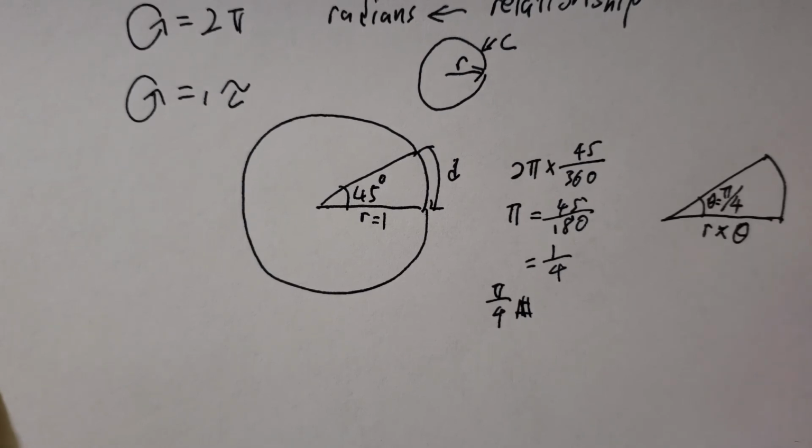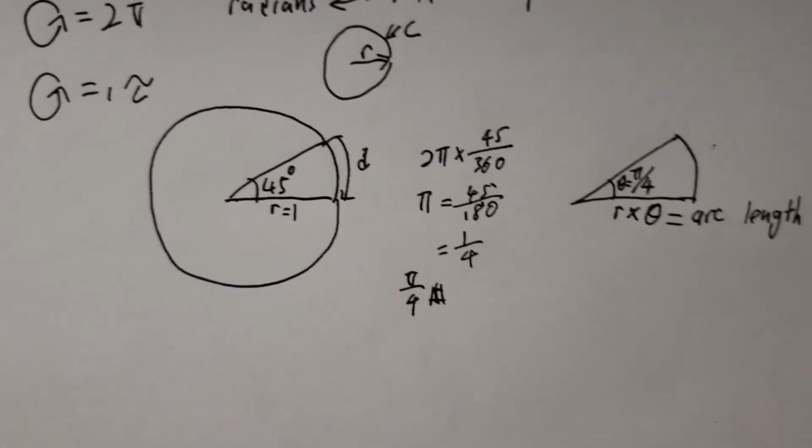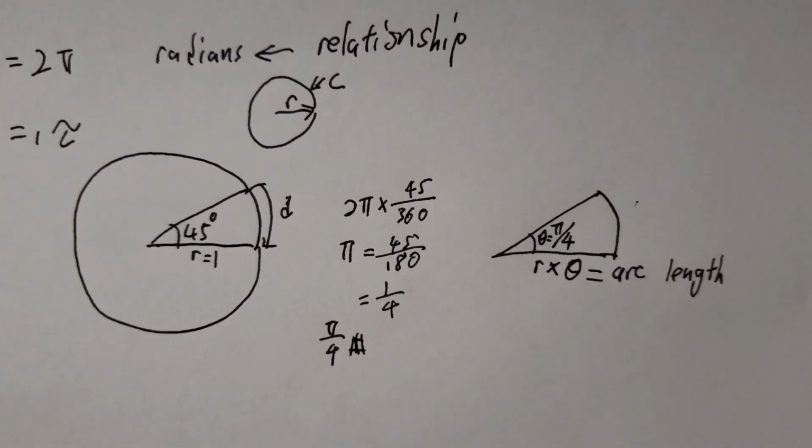You can just do r times theta equals the arc length. So because radians is much more of a physical relationship and much more defined and useful in more complicated calculations and require less conversions, it is a lot more commonly used in scientific applications.